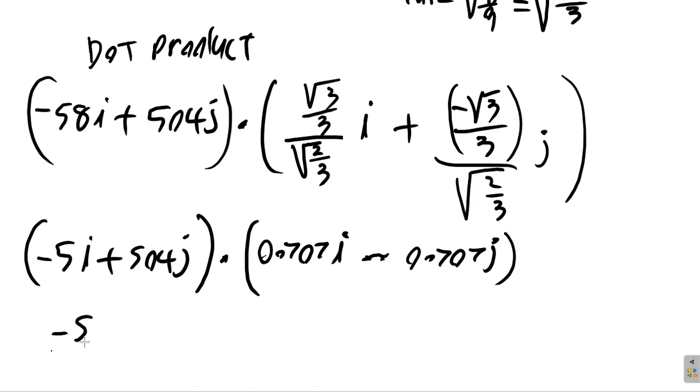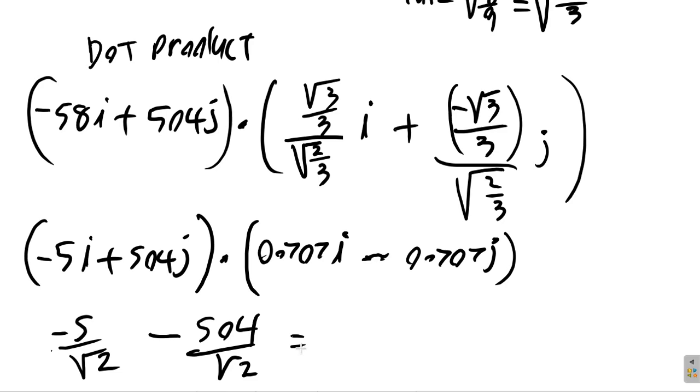Right? So I could put this over square root of 2, minus 504 over square root of 2, right?